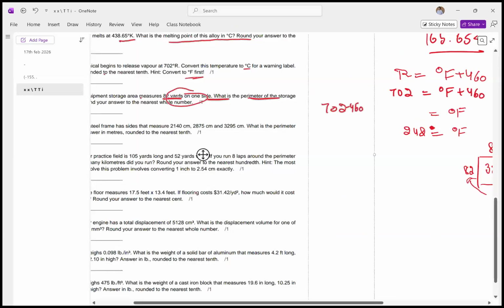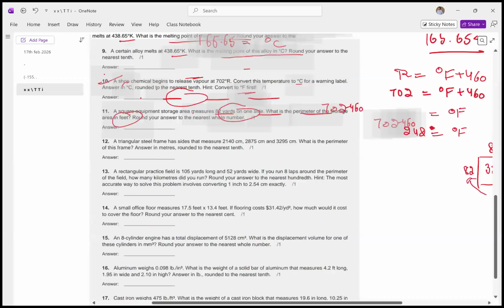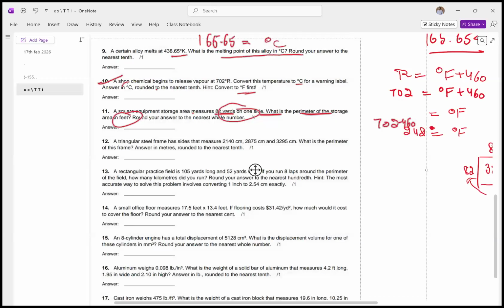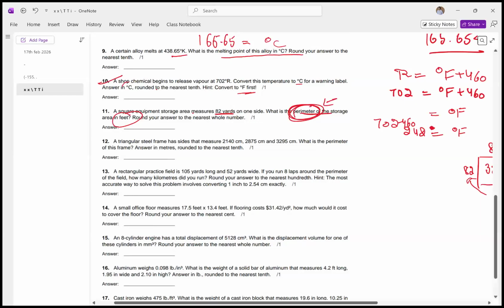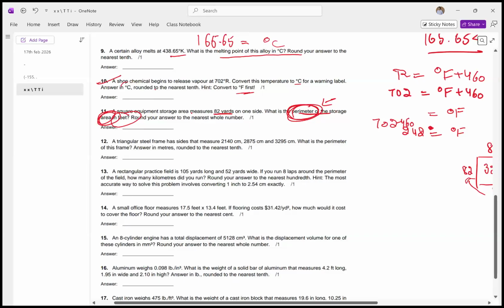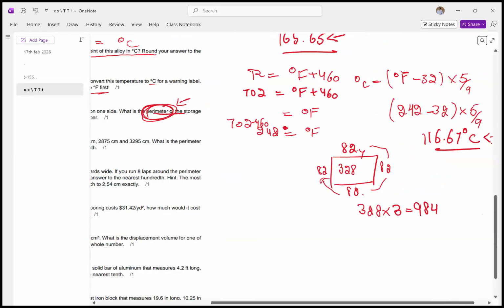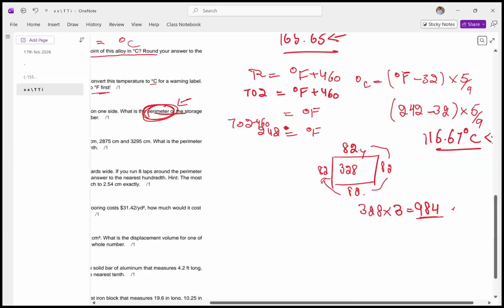We are looking for the perimeter of the storage area in feet. Remember this thing, we're not looking for area. Area is kind of a confusing word. 984 feet, that's what we are looking for. Perimeter means just adding the side lengths.